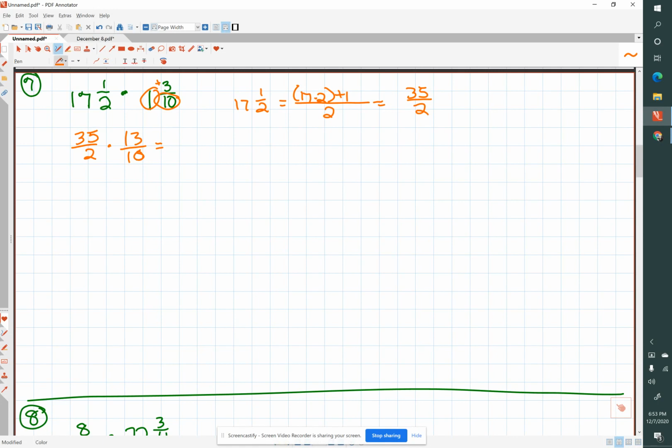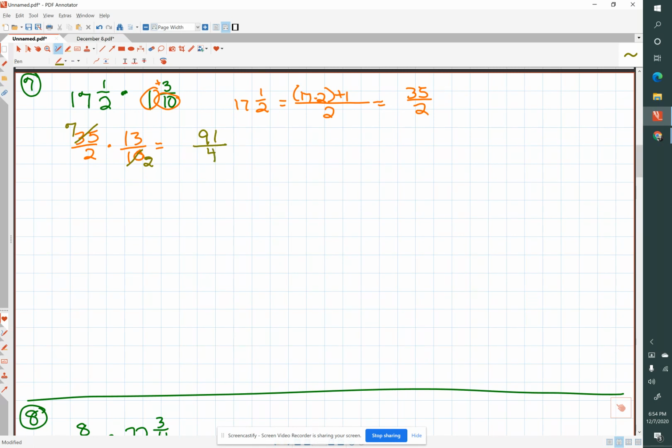Now we can simplify by dividing 10 and 35 by 5. 10 divided by 5 is 2. 35 divided by 5 is 7. Now we multiply across. 7 times 13 is 91. And 2 times 2 is 4.